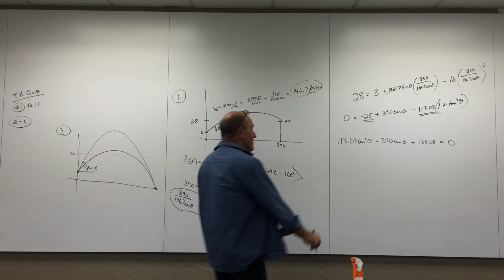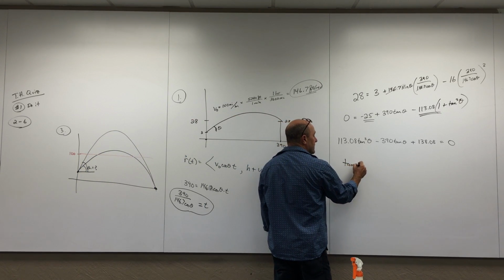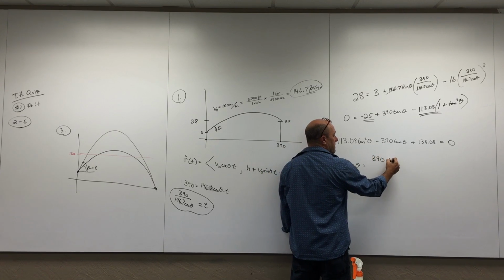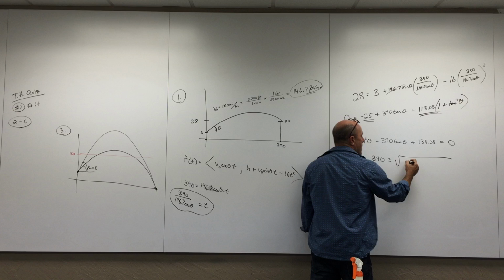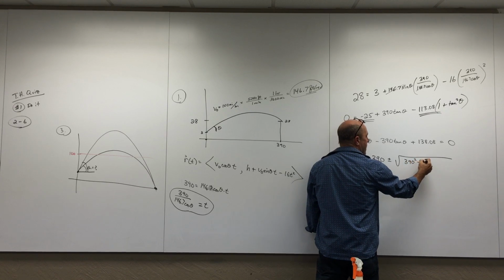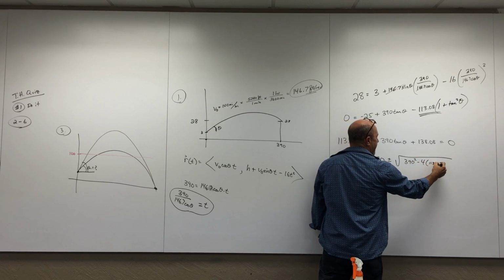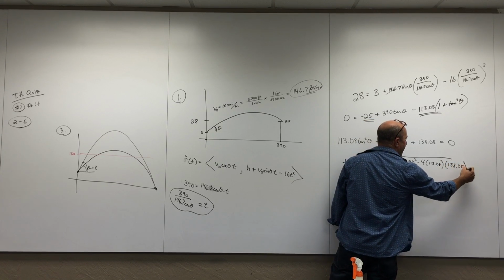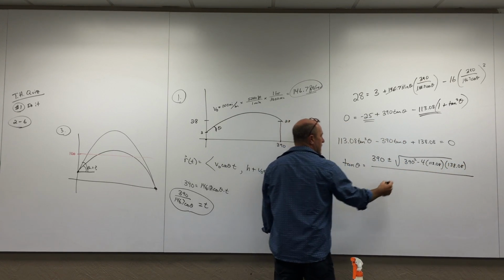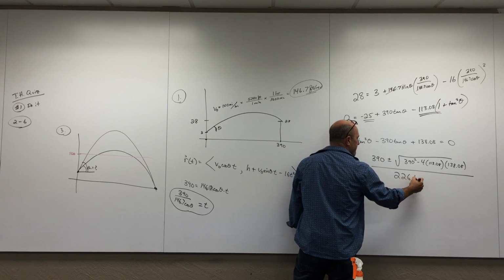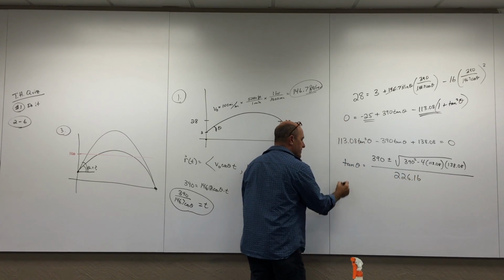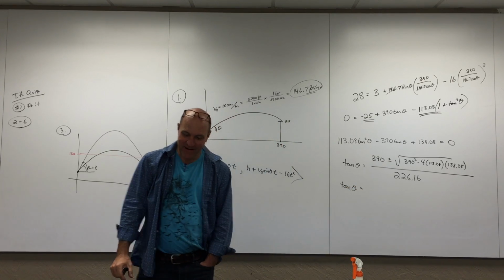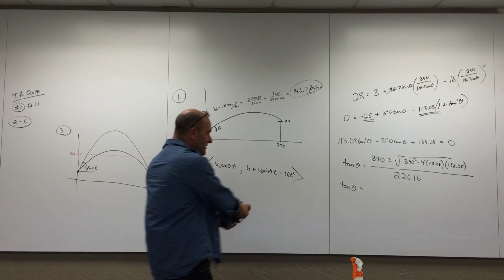And now I'm doing a quadratic formula. Tan theta is the answer to the good old quadratic formula, all over 2a. So if we do the quadratic formula, we get 2 decimal answers here.